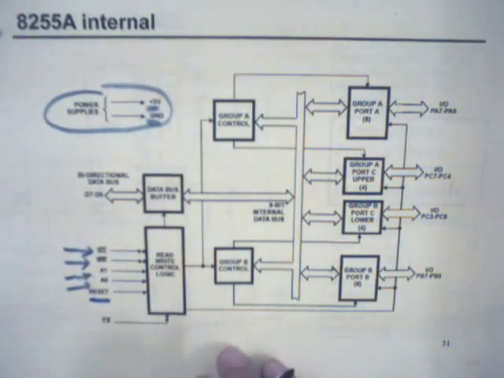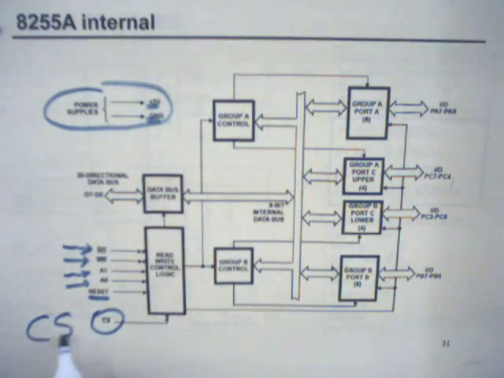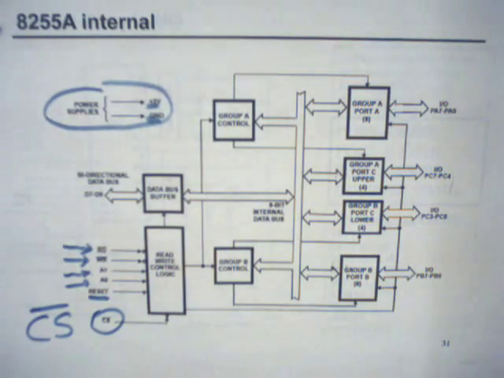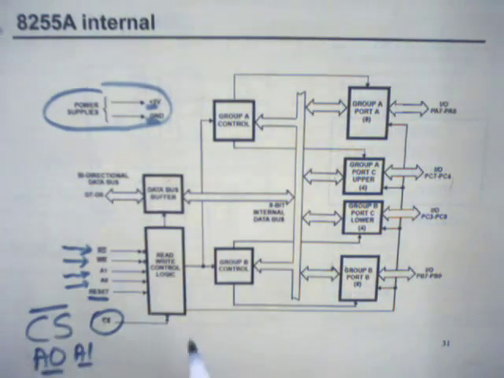That reset pin naturally resets when a logic high level is sent to the integrated circuit. And there's a famous pin. This is chip select, which is an active low signal. So with this signal and in combination with A0 and A1, this chip is selected and operational in the microprocessor circuitry.